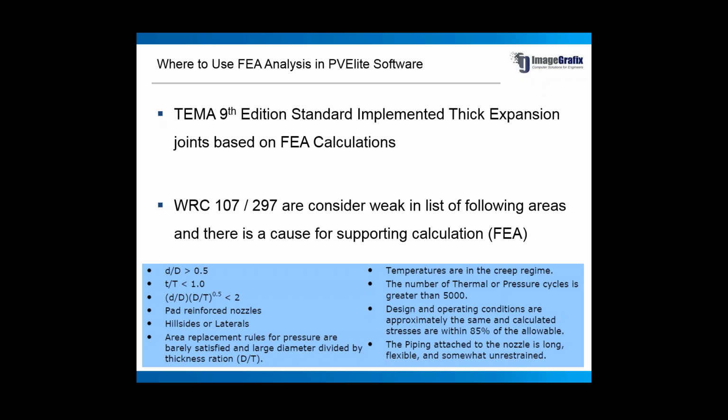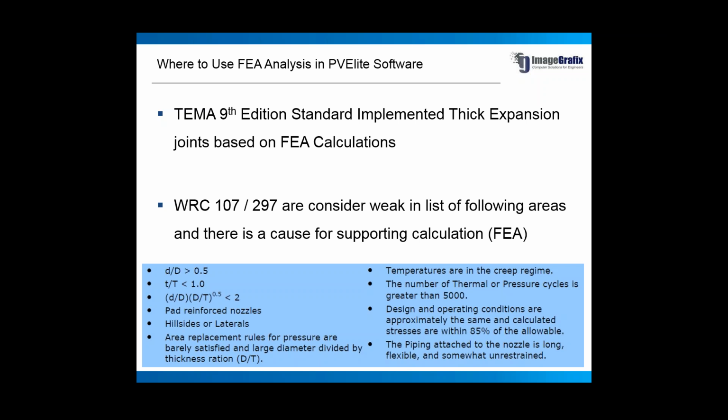Typically, the d/D ratio of 0.5, where d is the diameter of the nozzle with respect to the diameter of the vessel. If this ratio goes below 0.5, then you may need to go for an FE analysis. As we all know, WRC is a chart-based standard with various charts, and you take the values from these charts.